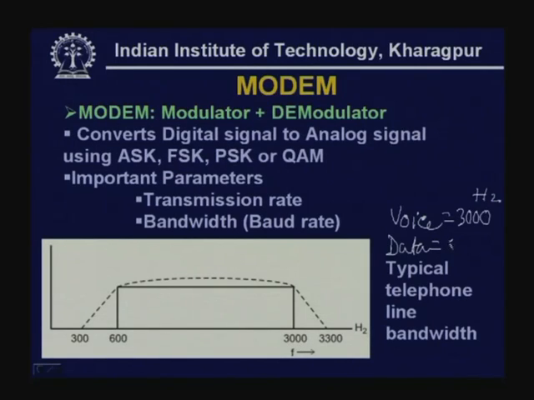So, you get 2400. So, this is the bandwidth that you get for transmission through telephone line. So, whenever the bandwidth of the channel is only 2400 hertz, then what is the data rate that is possible for transmission through telephone line?